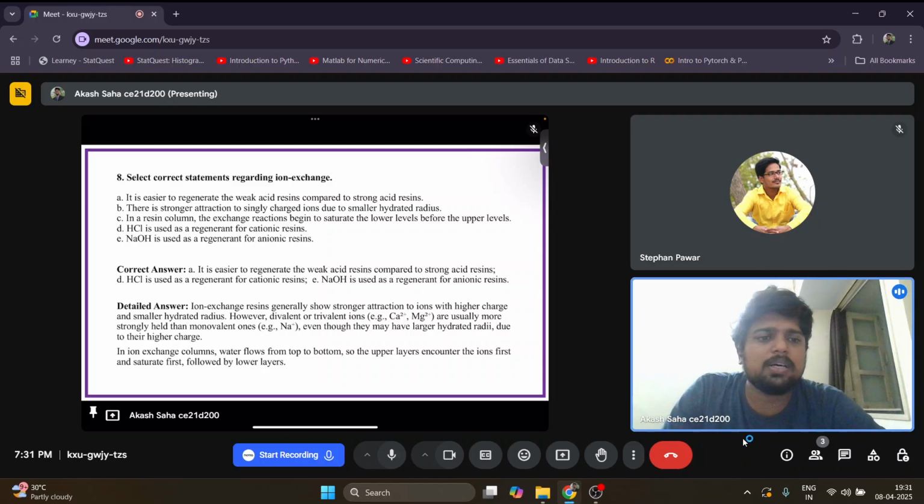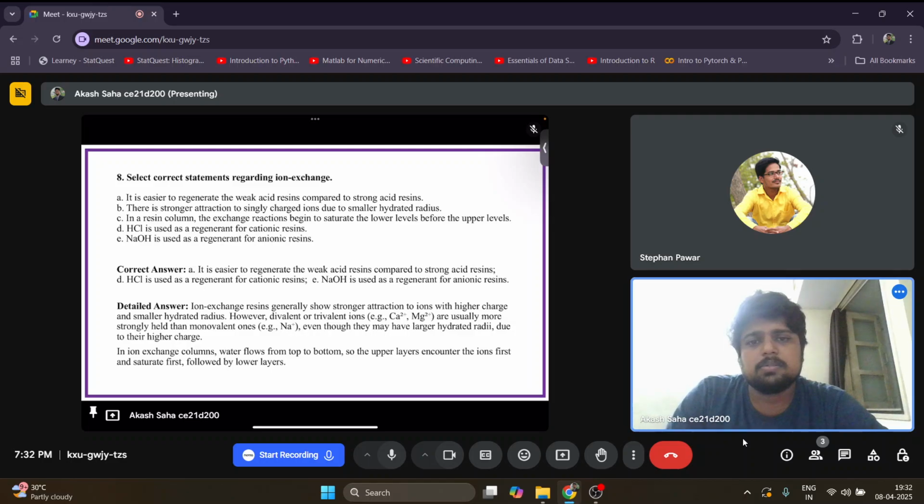These two are the main attraction points for the ion exchange resins. So anything which has a divalent or trivalent charge will get more attracted than monovalent ions like sodium. And even though they have larger radii, they will be attracted more.